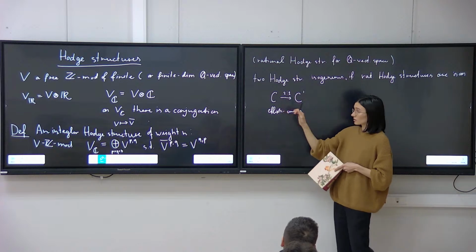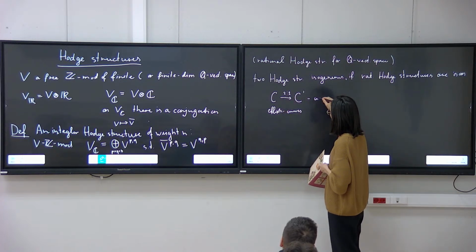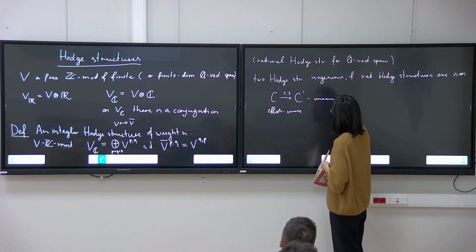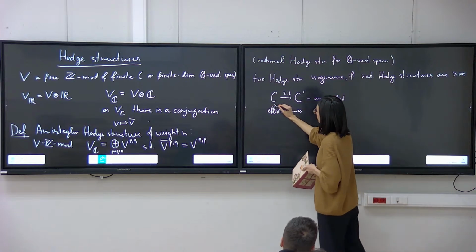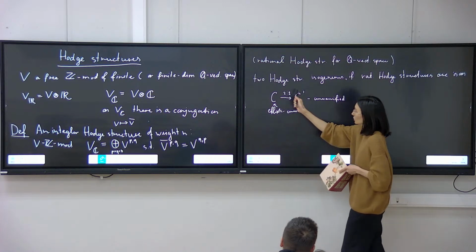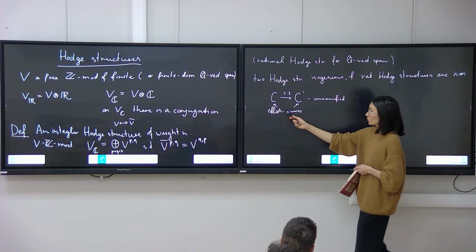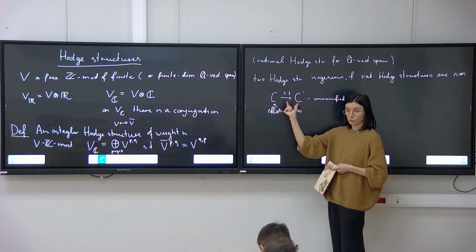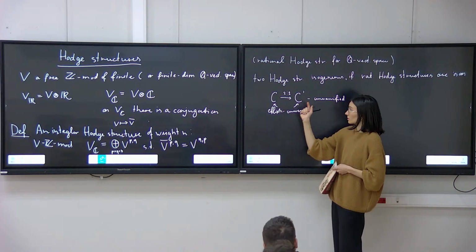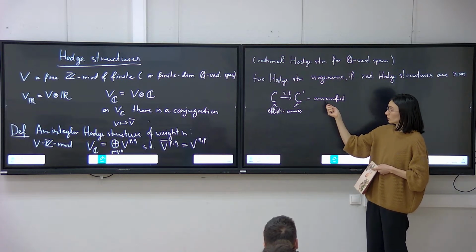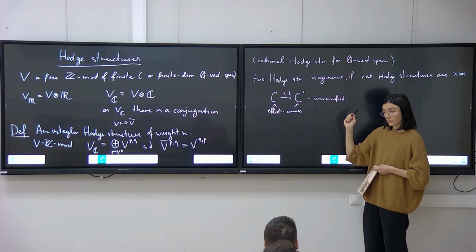Then it's unramified, right? I just want to illustrate the notion of isogenous. So suppose we have two elliptic curves with a double covering between them. Then by the Hurwitz formula, this double covering is unramified, right?